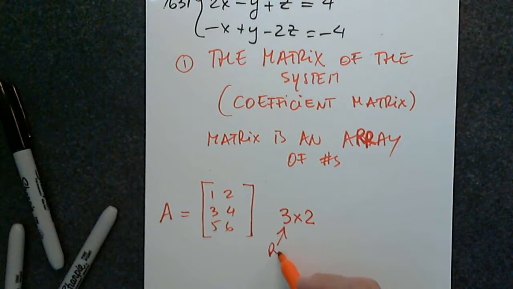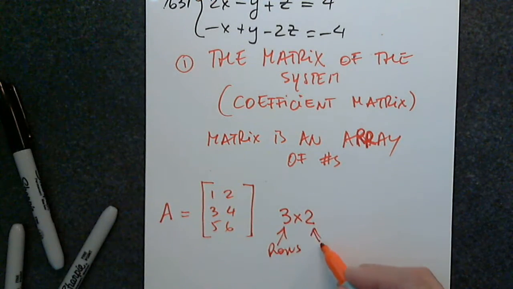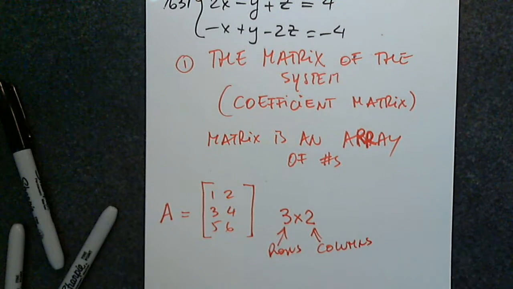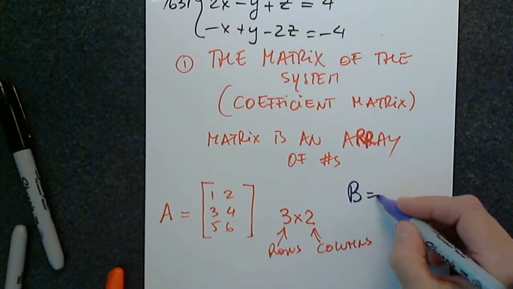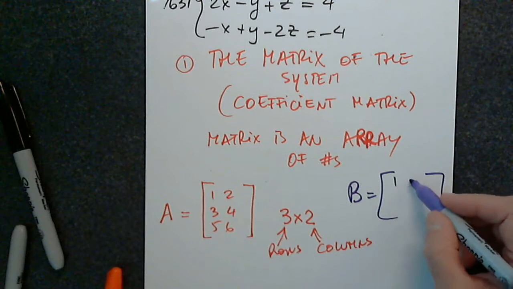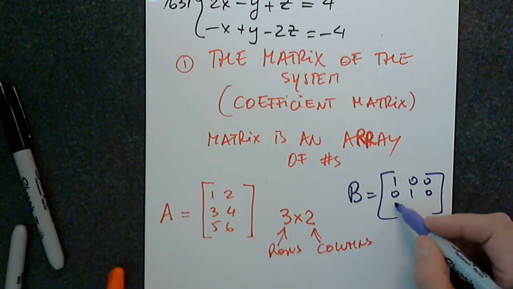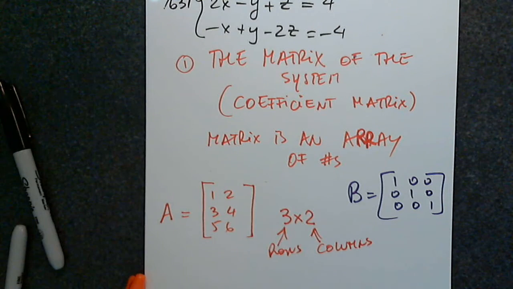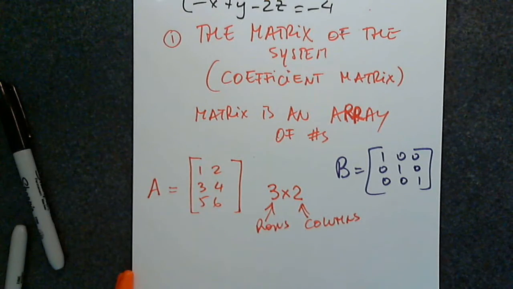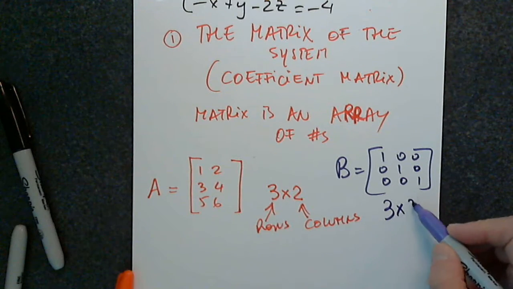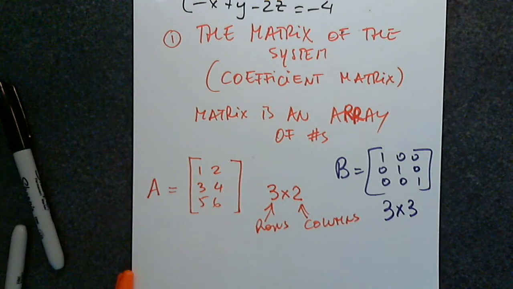It has 3 rows and 2 columns. Here's another matrix, matrix B: 1, 0, 0, 0, 1, 0, 0, 0, 1. This is a matrix that has 3 rows and 3 columns, a 3 by 3, signifying 3 rows, 3 columns.